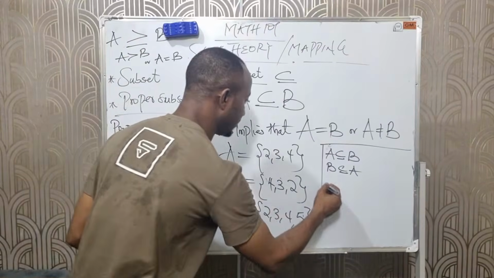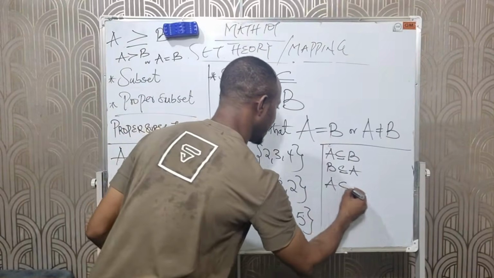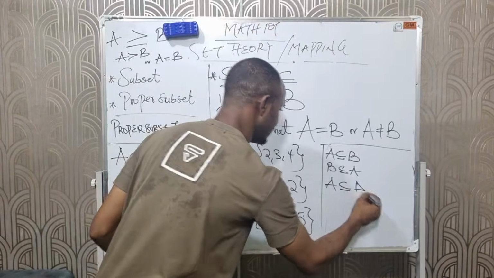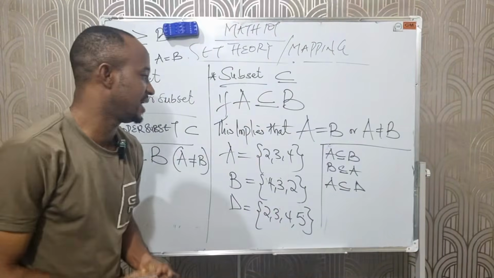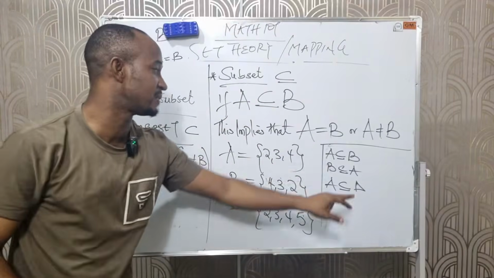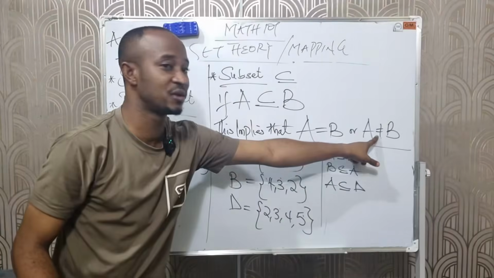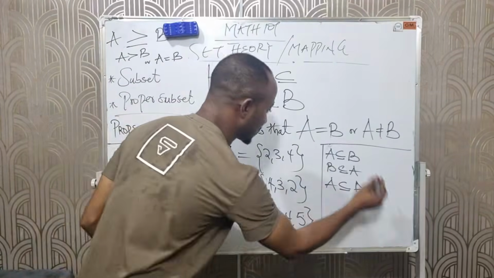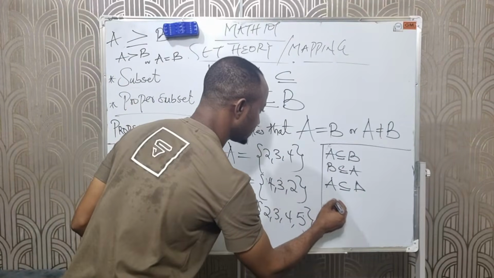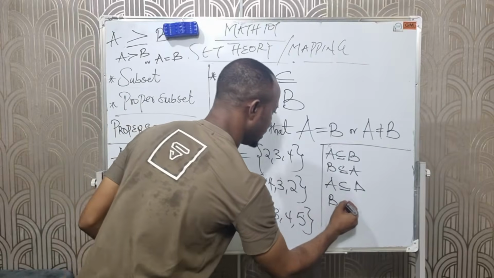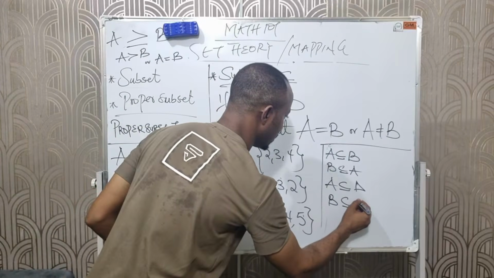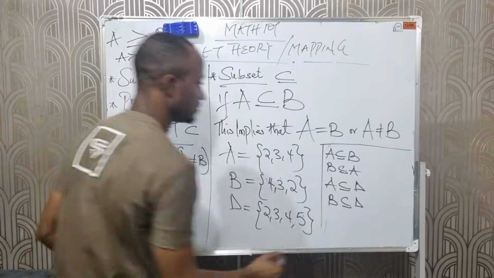Now, this also implies that A is a subset of D. Why do we say A is a subset of D? Because subset has two conditions, A equals B or A not equals B, right? Then I can also say that the same B is a subset of what? Of D.